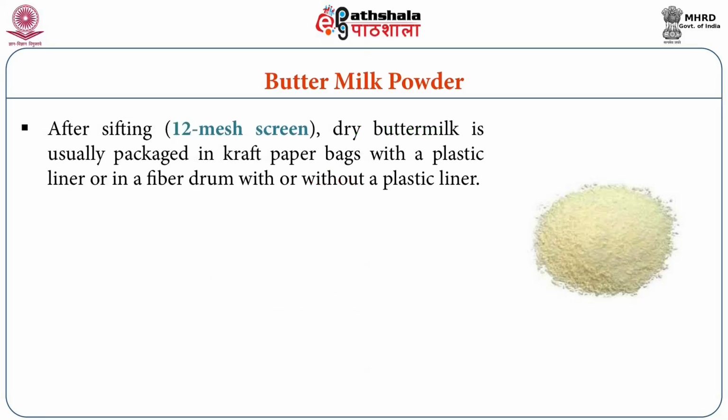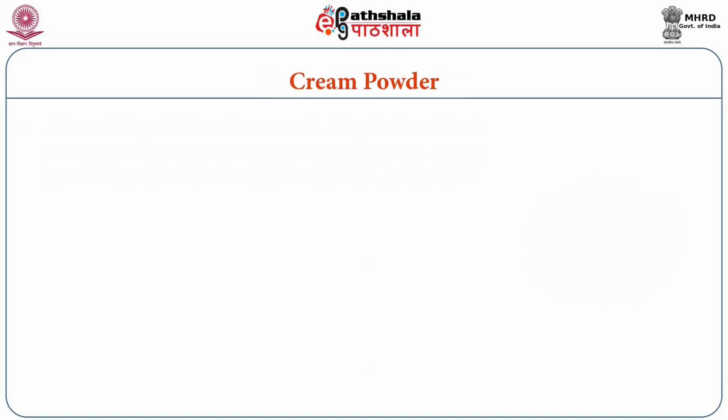After sifting through a 12 mesh size screen, dry buttermilk is usually packaged in kraft paper bags with a plastic liner or in a fiber drum with or without a plastic liner. The last important dried milk powder is cream powder.